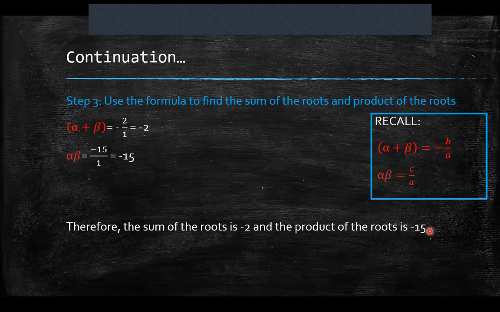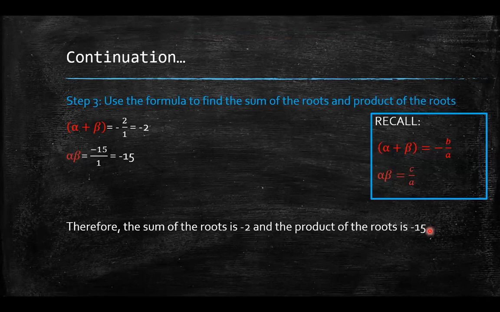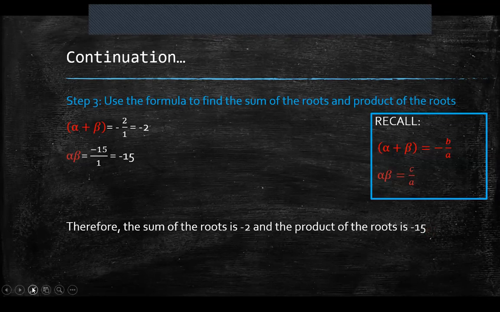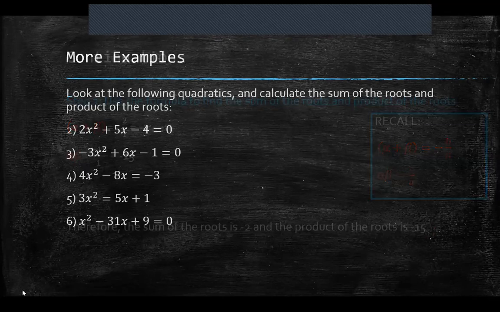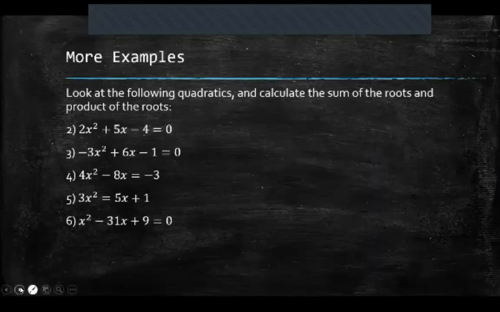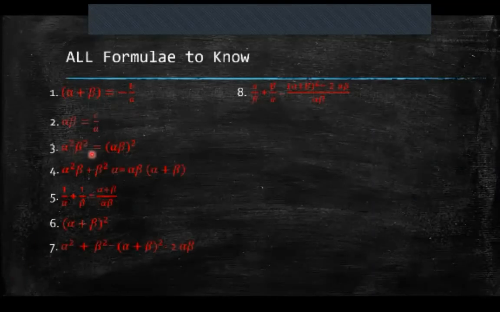You good with that? Yes, ma'am. So just follow these steps and you'll be good to go. And in the other class, we did all these questions. All right, this you need to know.